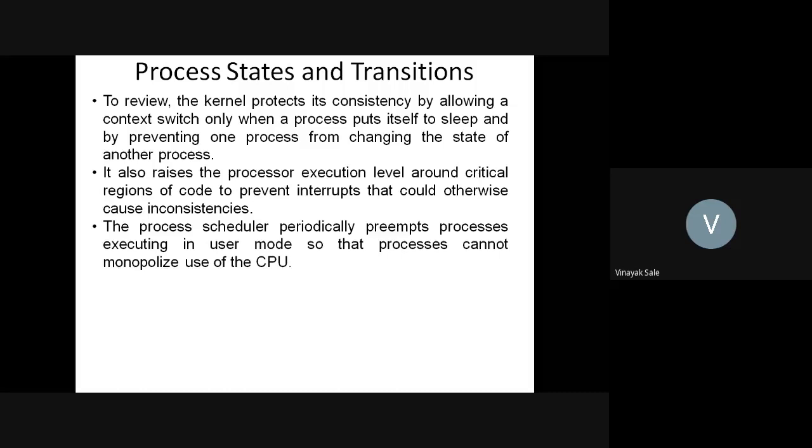It also raises the processor execution level around critical regions of code to prevent interrupts that could otherwise cause inconsistencies. The process scheduler periodically preempts processes executing in user mode so that the processes cannot monopolize use of the CPU.